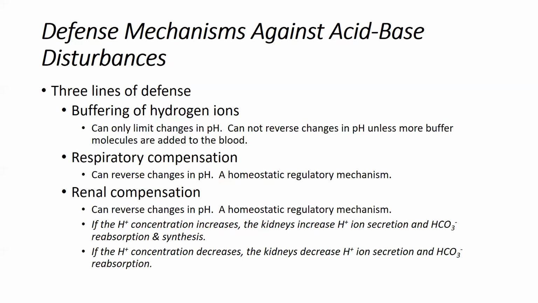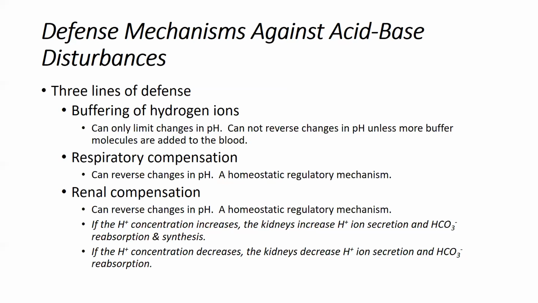So it's not going to reverse any changes in pH, it's not going to fix it, but it's going to prevent the impact of any exaggerated acid-based disturbances, right? When you think about the word buffer, it means to sort of take the blow or absorb the shock, right? To limit the impact of something, and that's exactly what buffers do.